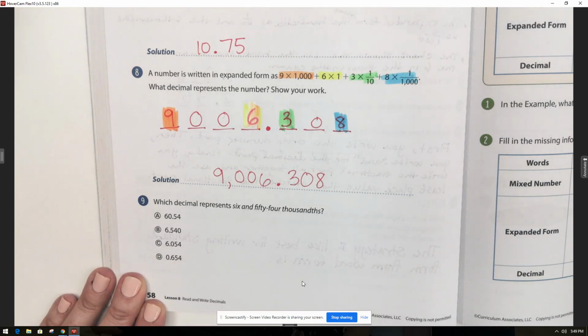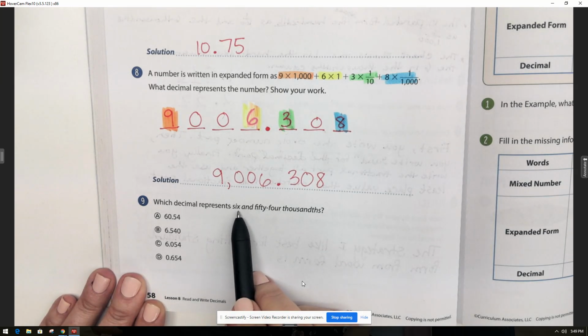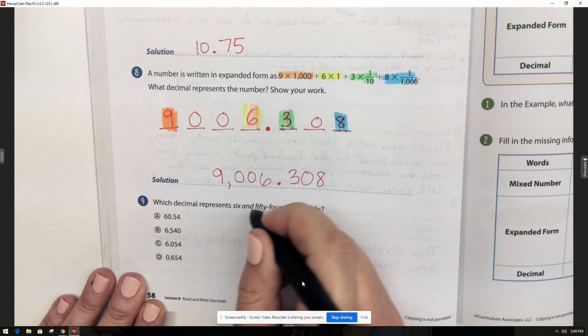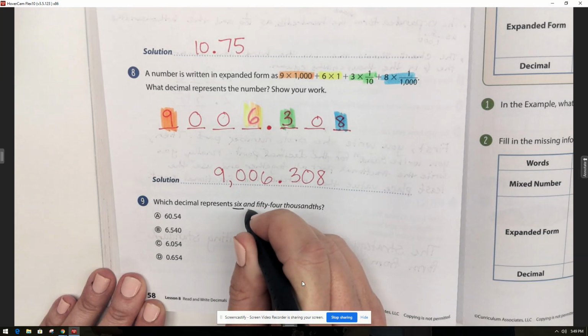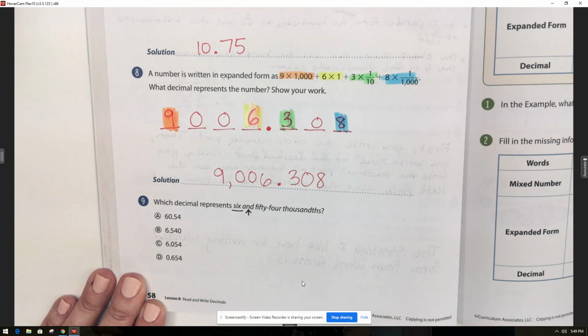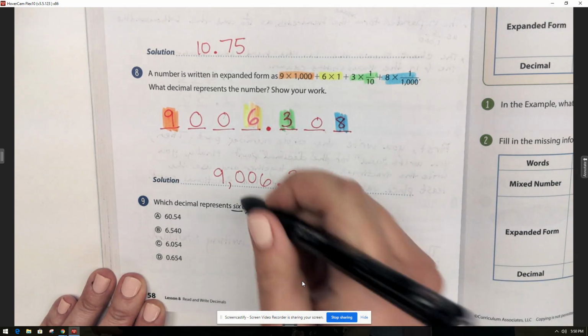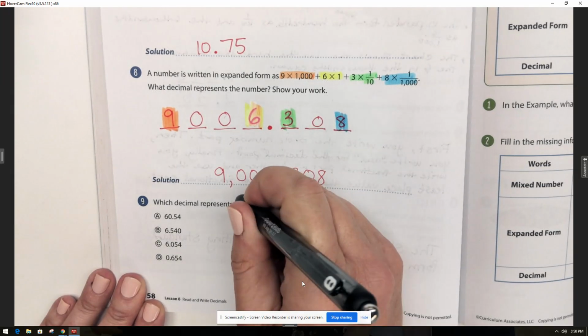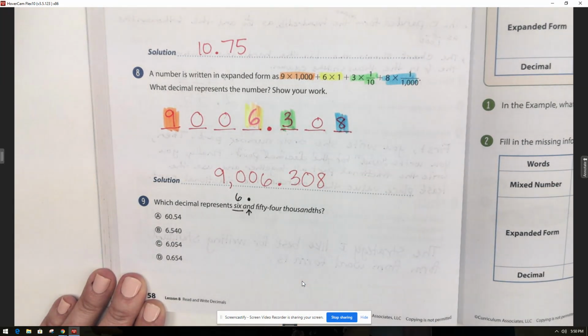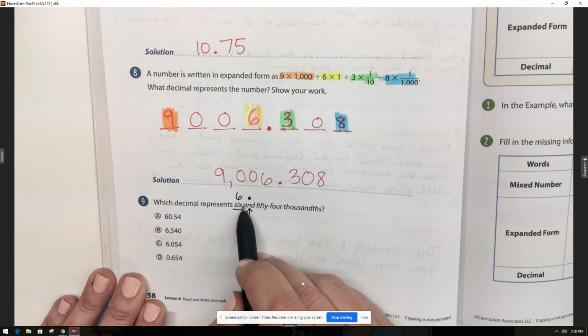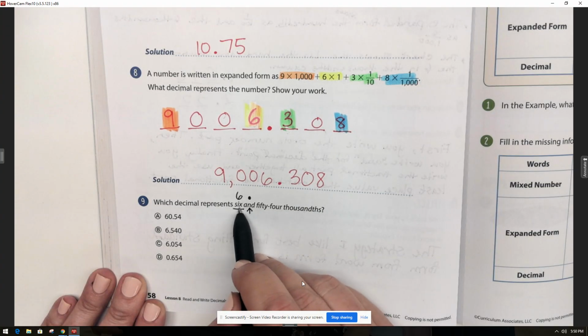Okay, I'm going to show you my strategy for solving this problem and see if it was similar to your strategy. So the first thing I'm going to do is look and go, okay, I see a 6 and then the word and. So I know that this is where my decimal place goes, and I'm going to have a 6 before my decimal place. So I can immediately rule out any of these answers that do not have a 6 in the ones place because that's where it is.